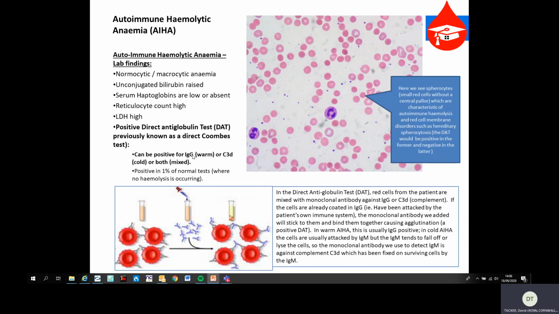And in cold, actually the damage is being done by an IgM, but the IgM doesn't tend to stay on the red cells when they're brought out of the body and sampled. It tends to fall off, and it just tends to leave behind complement C3d. So if it's positive for complement C3d, negative for IgG, it is usually a cold picture.